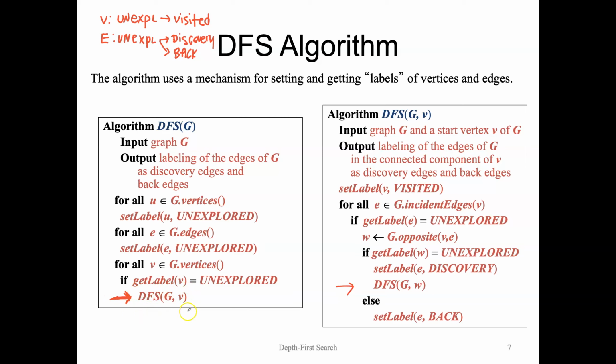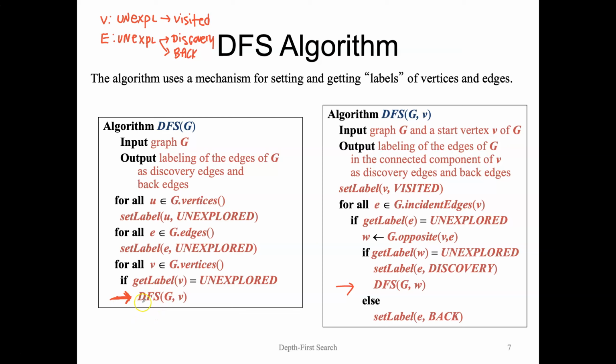As a result of this call, we do call DFS repeatedly from this side, but when we're finished with it, then we've marked every vertex and edge as visited, which belong to the same connected component as V. So if we had to call DFS from this side multiple times, then that means that our graph had multiple connected components.